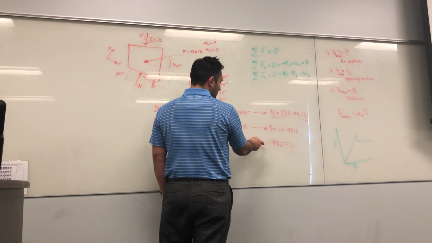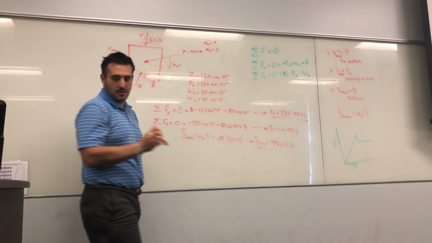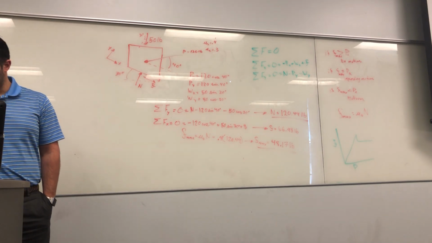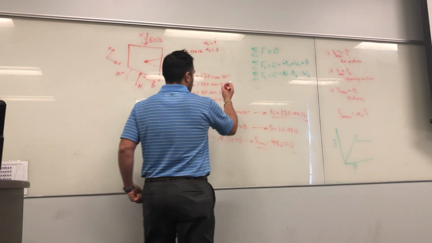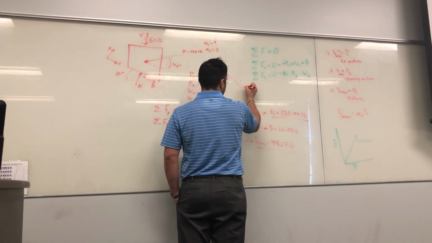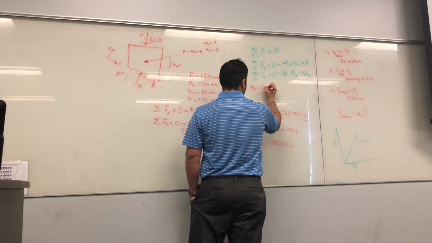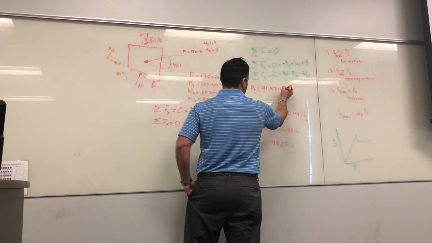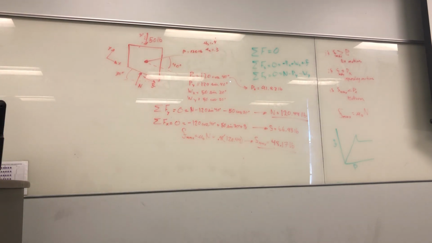So what happens when we check F max with our pushing force in the x direction? Our pushing force in the x direction is 120 cosine 40, which is P sub x equal to, when I crunch this, 91.93 pounds. 91.93 is larger than 48.17, and therefore we have motion.